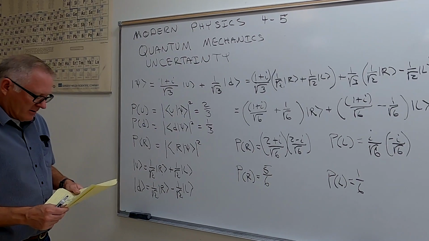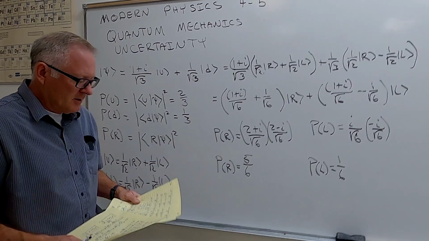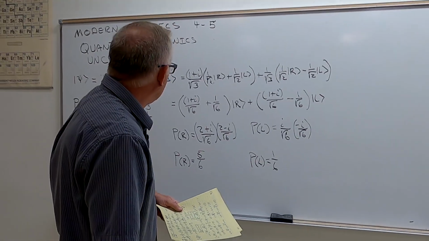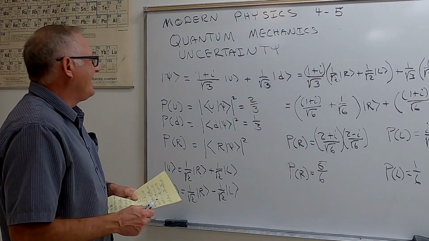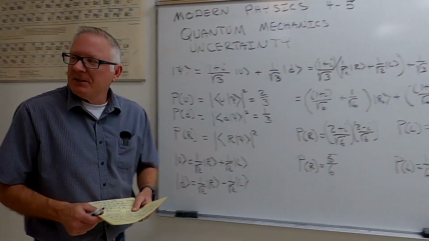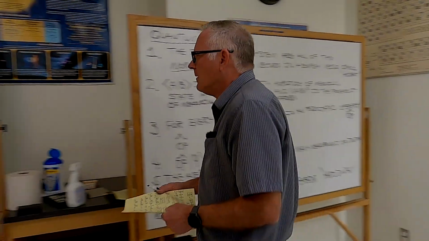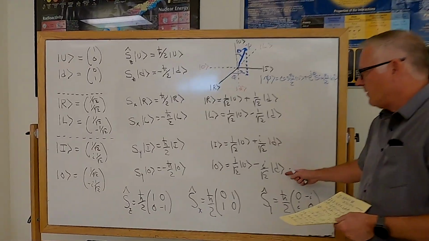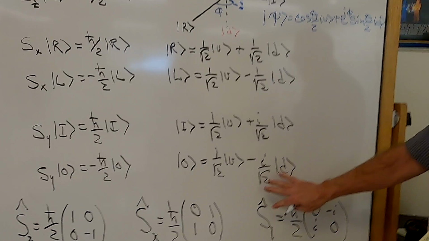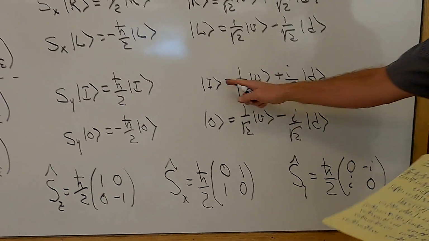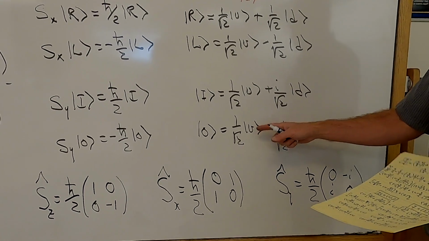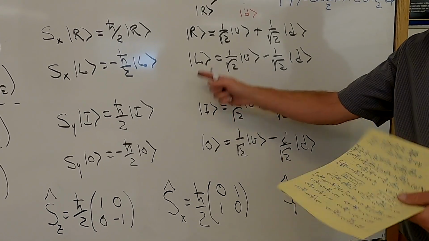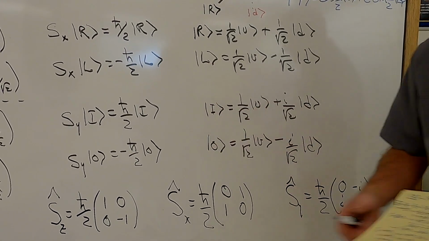Okay, now I could have measured the probability of in or out also, because we can write in terms of ups and downs, because if I add these two together, these two drop out, and we get in plus out equals 2 over the square root of 2 up, or up equals square root of 2 over 2, in plus out.